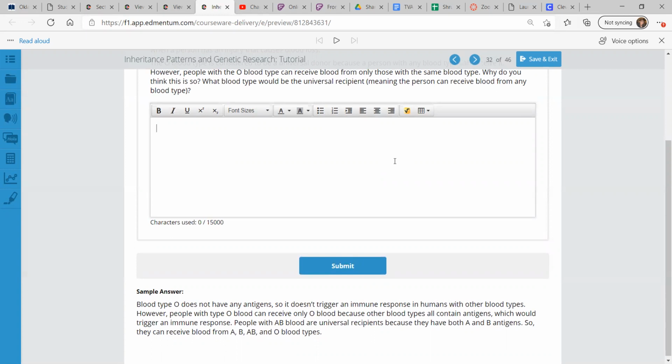However, people with type O blood can receive only O blood because other blood types all contain antigens, which would trigger an immune response. People with AB blood are universal recipients because they have both A and B antigens. So they can get blood from A, B, AB, and O.